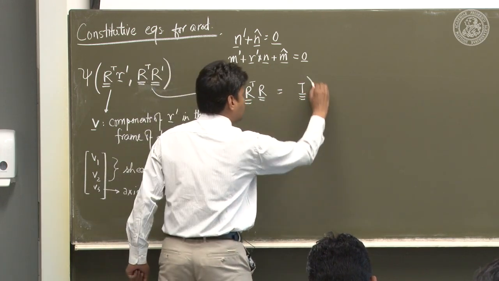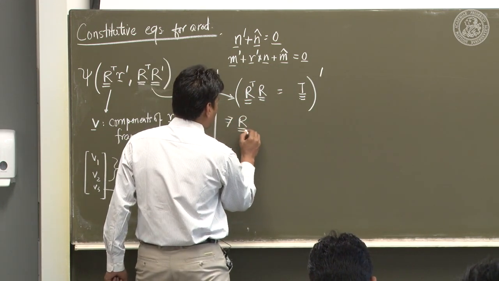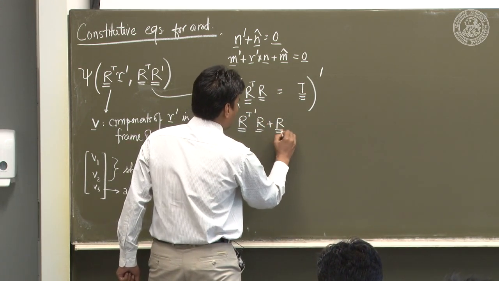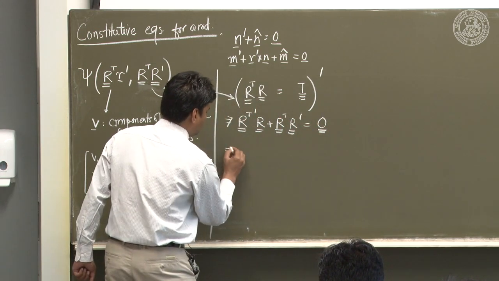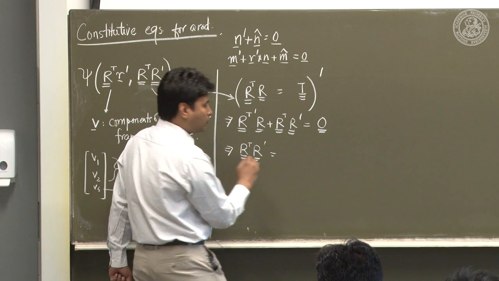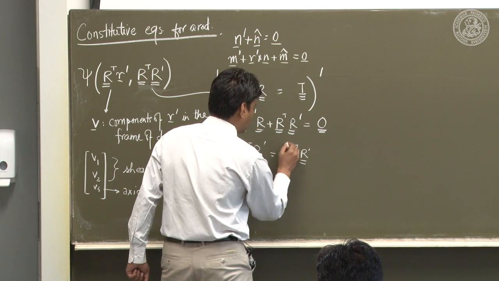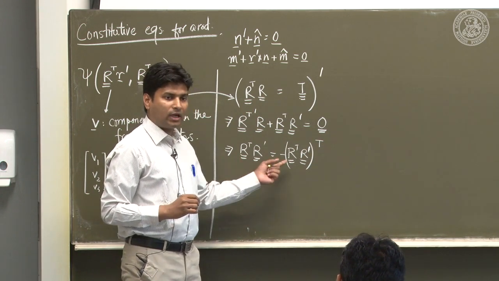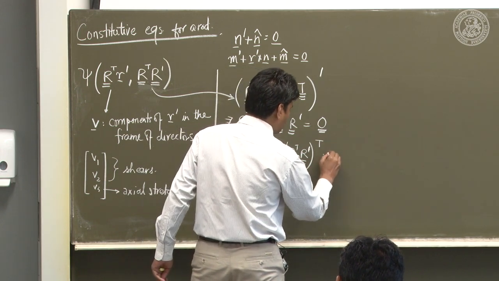Then you take the derivative on both sides and you get R transpose prime times R plus R transpose R prime equal to 0, which means R transpose R prime is equal to negative of R transpose R prime transpose. So here I got a matrix which is negative of its transpose, so it's a skew symmetric matrix.